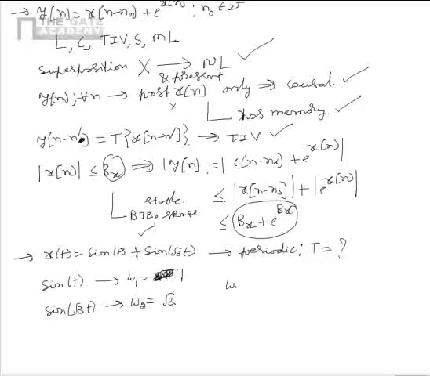From this, we see that if we find omega 1 by omega 2, which is 1 by root 3, this is not rational. So as the ratio of angular frequencies is not rational, from this we see that the given signal x of t is not periodic.